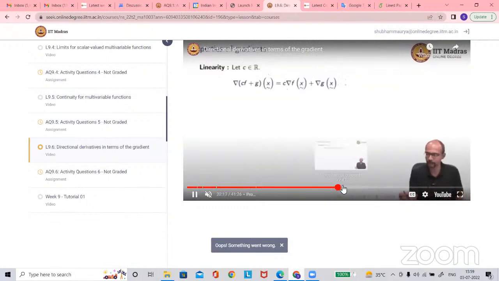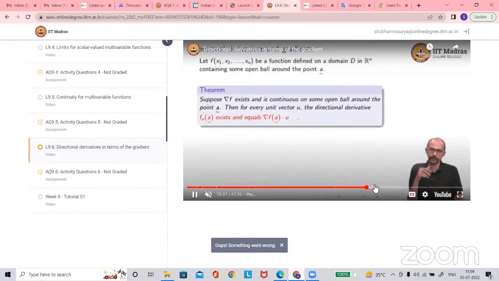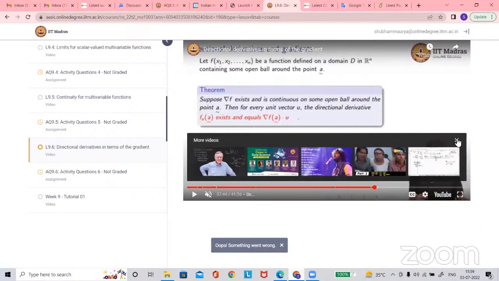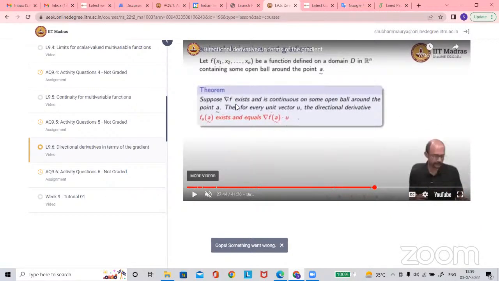Let me see that. Yeah, there is one theorem in that, this one, right? If this exists and is continuous, then the directional derivative exists.